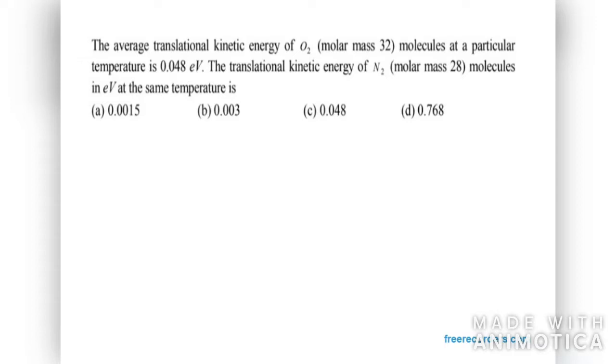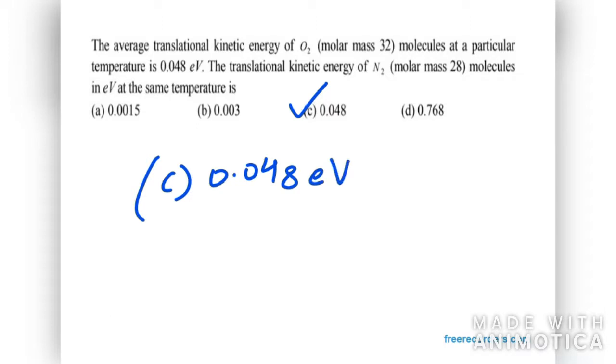As you know, the average translational kinetic energy isn't dependent upon the molar mass of the gas, therefore different gases will possess the same average translation kinetic energy at the same temperature. So if O2 has 0.048, then nitrogen also has 0.048. So the right option is C, 0.048 electron volt.